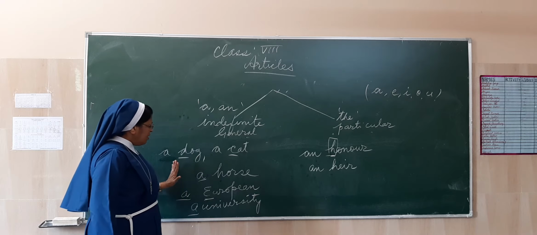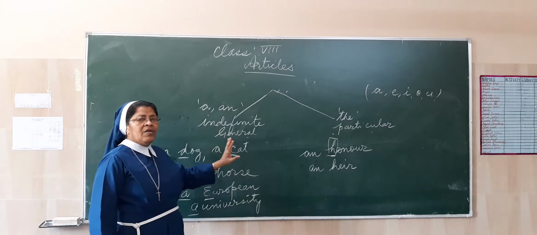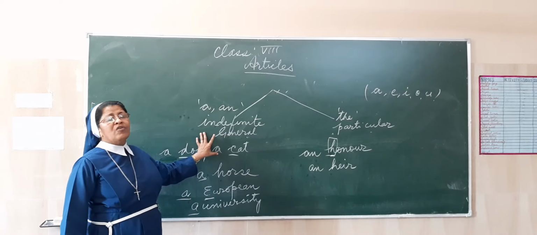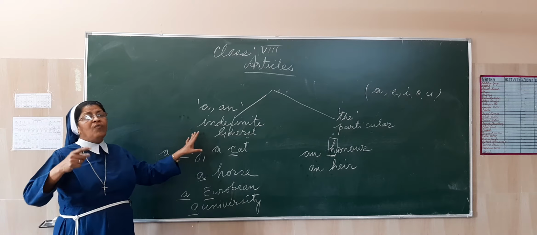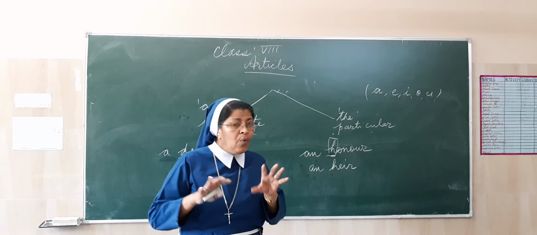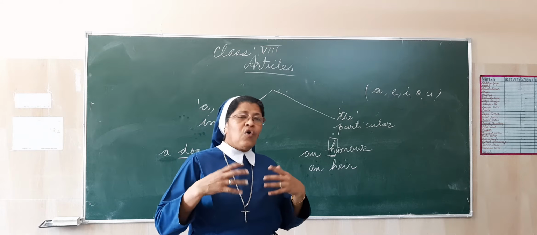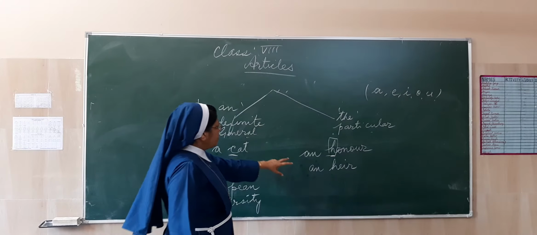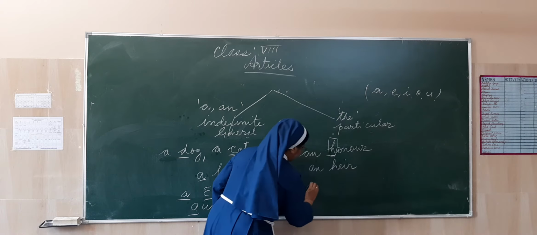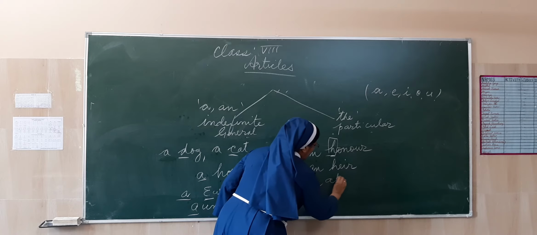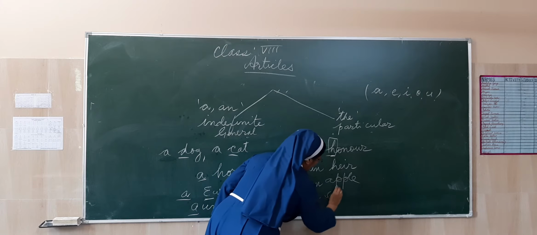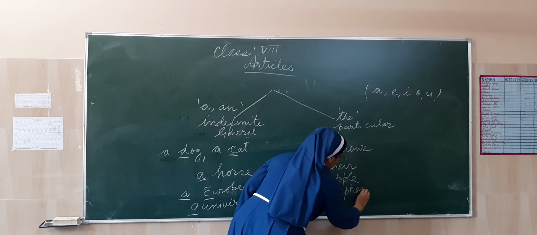So remember that a is used not only for the consonant letters, and we also use an for words that are starting with the vowel sound. So you have to distinguish between vowel sound and consonant sound. Now I already told you, for example, you write an apple, or an elephant.